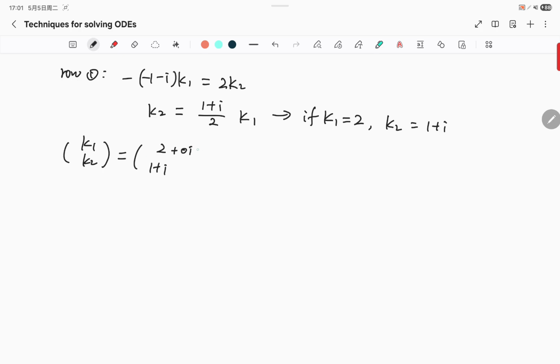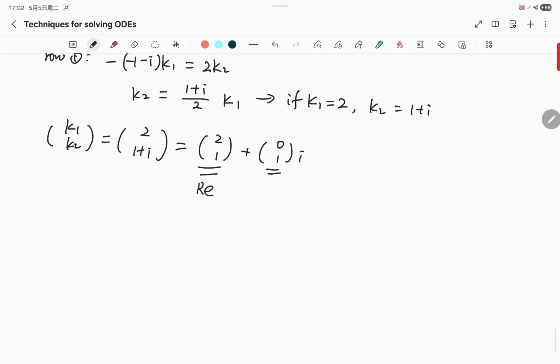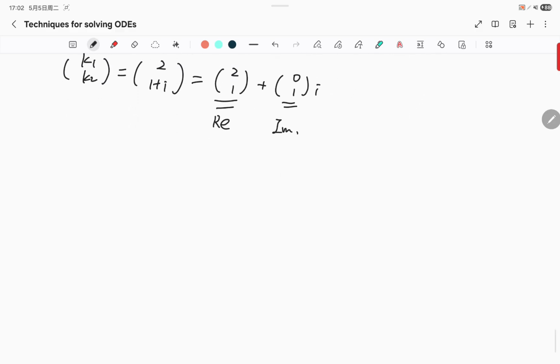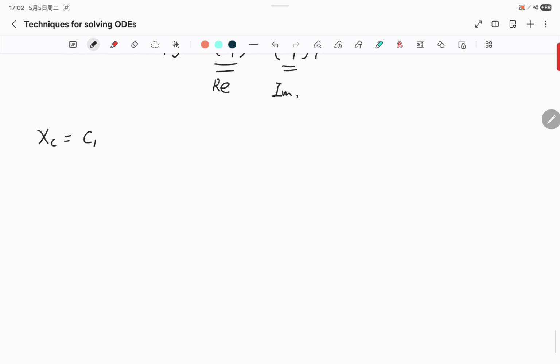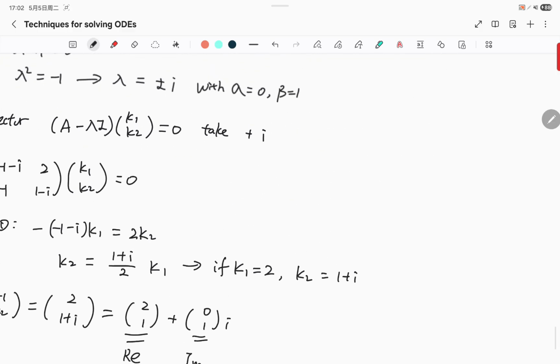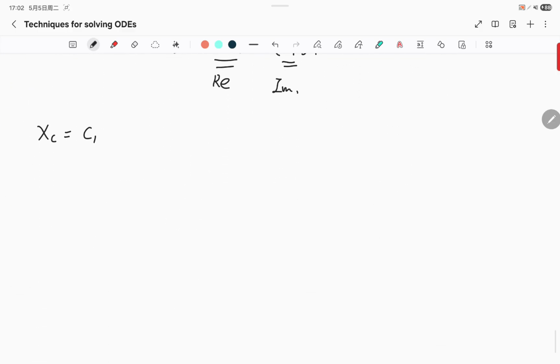Remember, this can be written as 2 plus 0i, so this is equal to (2, 1) being my real vector plus (0, 1) i being my imaginary. So now my xc is equal to e to the alpha. Alpha was 0, so there's no e.